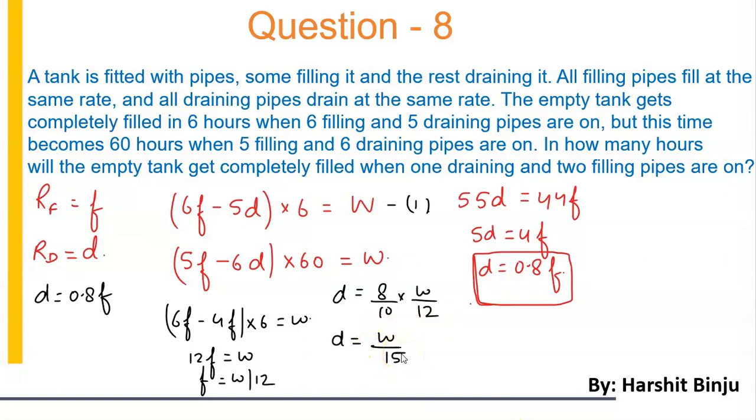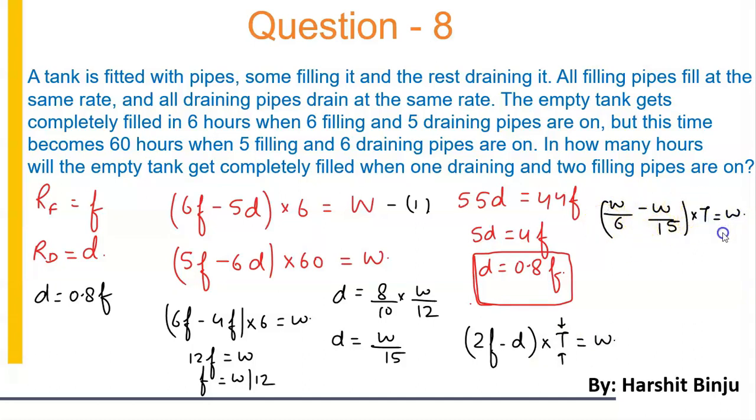In how many hours will the empty tank get completely filled when one draining pipe and two filling pipes are on? So two filling pipes is 2F minus D into total time, and this is equal to work, and this is what we need to figure out, right? So 2F is 2W by 12, which is W by 6, minus W by 15, into time is equal to W. So W goes.